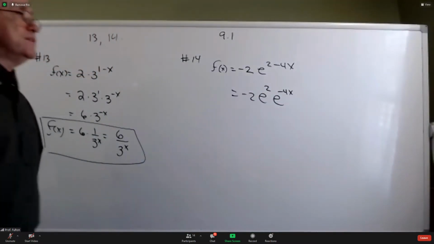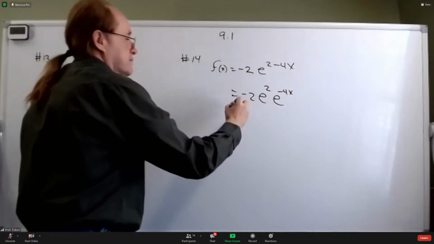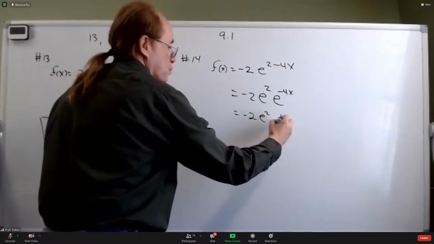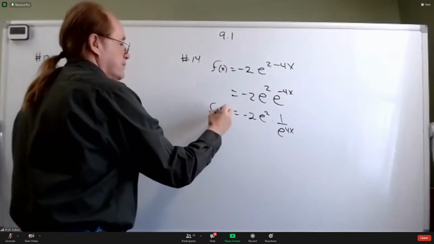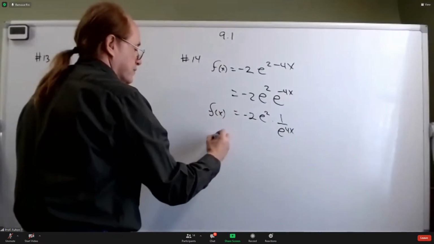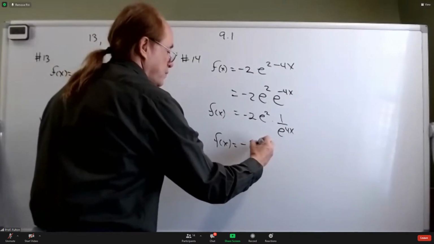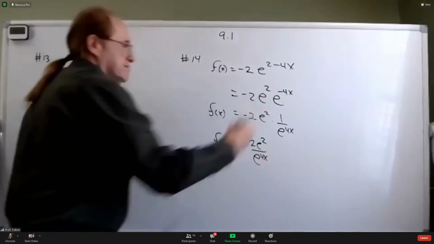Only thing I need to do is change this exponent and make it into a positive, so it becomes negative 2e squared times 1 over e to the 4x. You can leave it like that, or if you wanted to, you could also simply write it as negative 2e squared over e to the 4x.